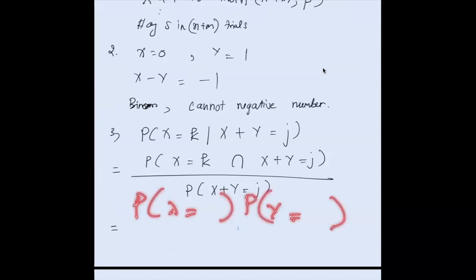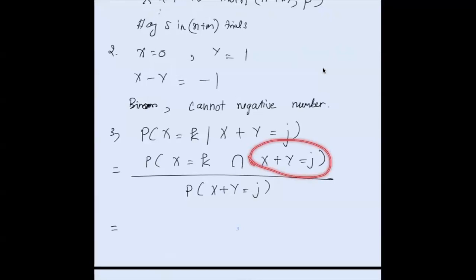That's okay because they are independent random variables. How do I turn x plus y equal j into terms of y? How do I rewrite it in terms of y? Any guesses?